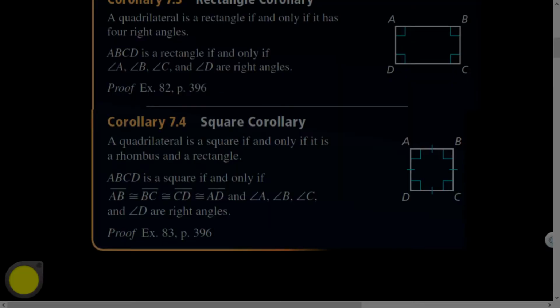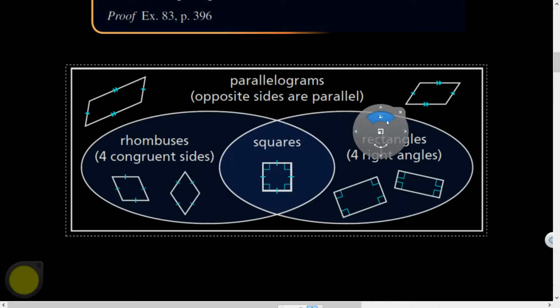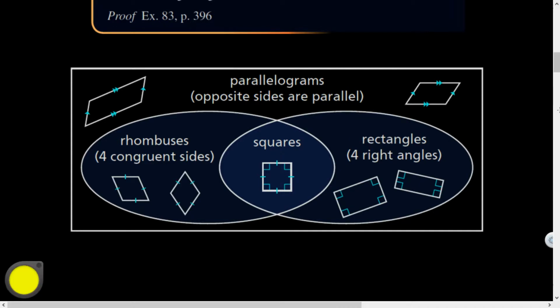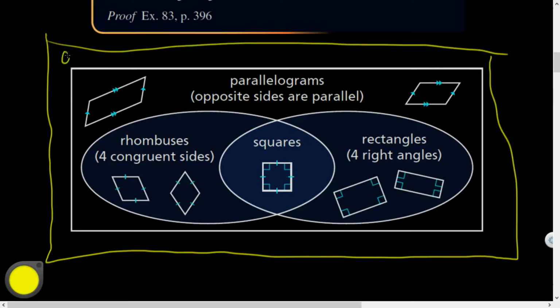So you know about Venn diagrams, right? You might be asked to reconstruct this Venn diagram on your own someday. Imagine the world of quadrilaterals, a bigger box. What would be in the quadrilateral family that's not in the parallelogram family?